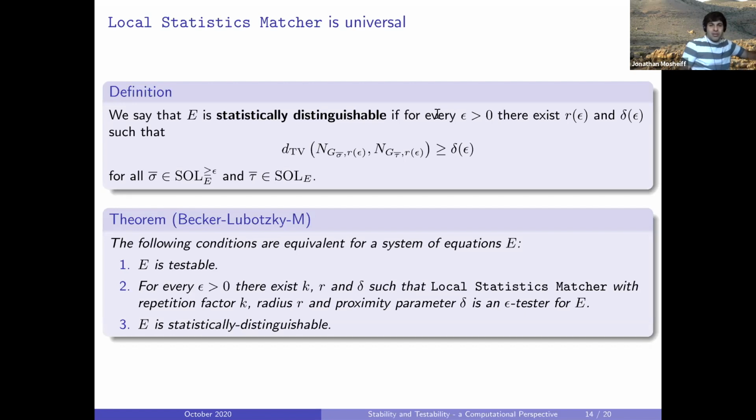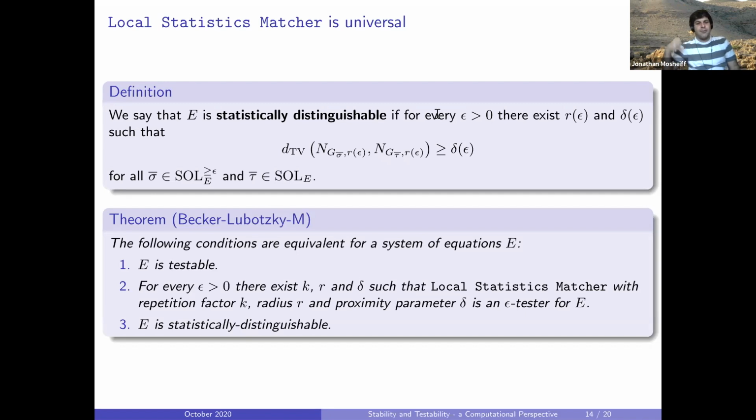A more complicated result, though nothing spectacular is going on, just a more technically involved result, is that testability implies being statistically distinguishable. That is, suppose that you're testable with some algorithm. Just assume that some algorithm, I don't know what kind of magic it does, manages to test a system of equations.